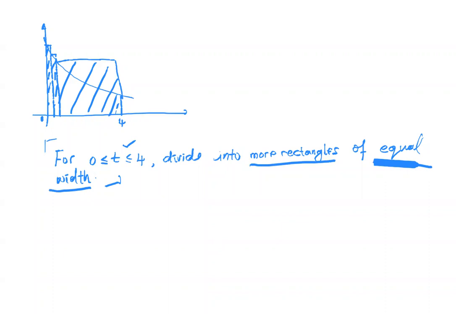Okay. Done. I have 4 minutes to talk about, I want to bring this to become integration. Okay, can I? Okay, good. So now, I have this. This is my t.